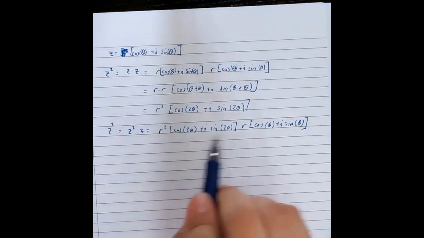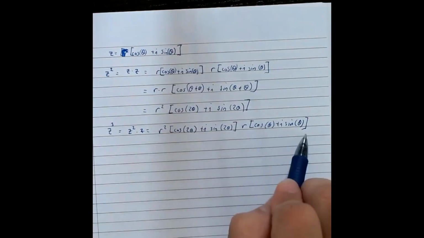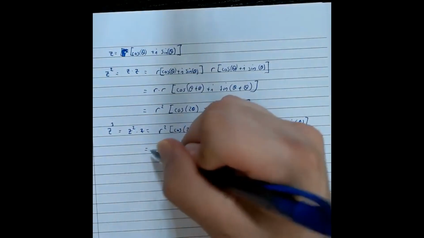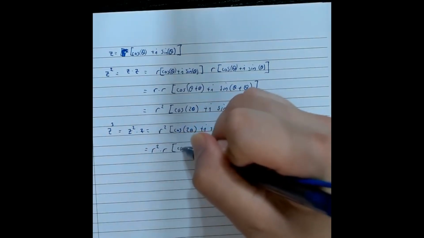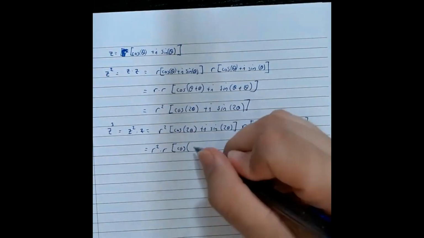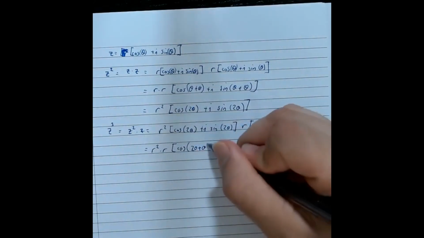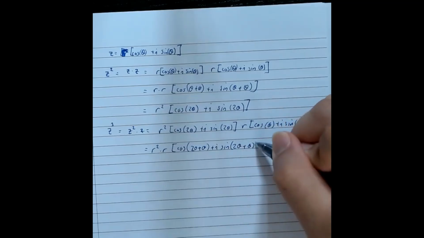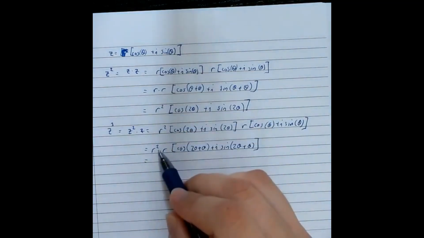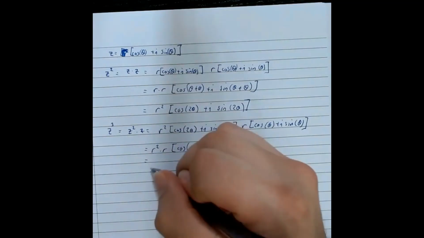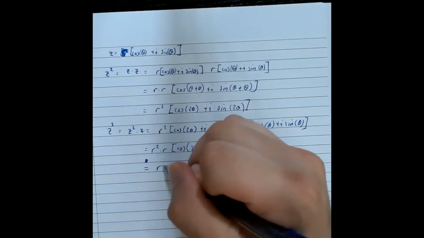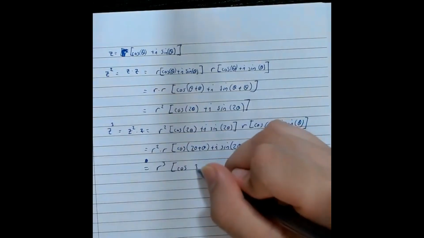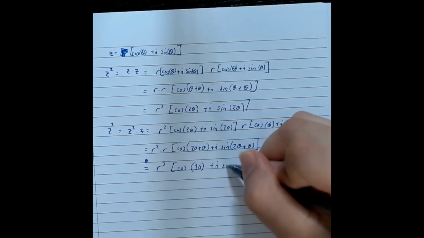All right, here's Z squared times Z, which, given the product theorem, is r squared times r, times the cosine of the sum of these, which is going to be 2 theta plus another theta, plus I sine of the sum of these, 2 theta plus theta. And so that's going to give us r to the third power. R squared times r is r to the third power. Let's write this on its own line. R to the third power, cosine of 2 theta plus another theta is 3 theta, plus I sine of 3 theta.